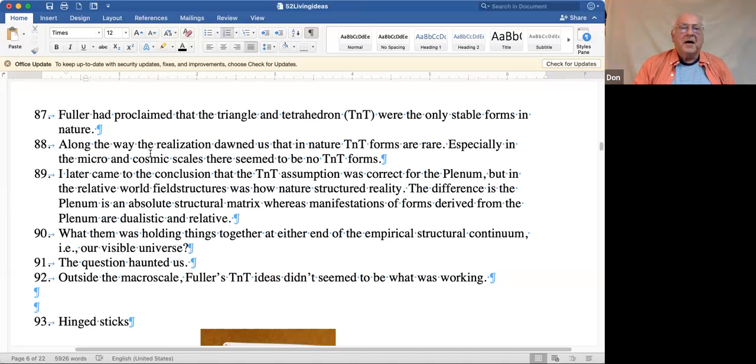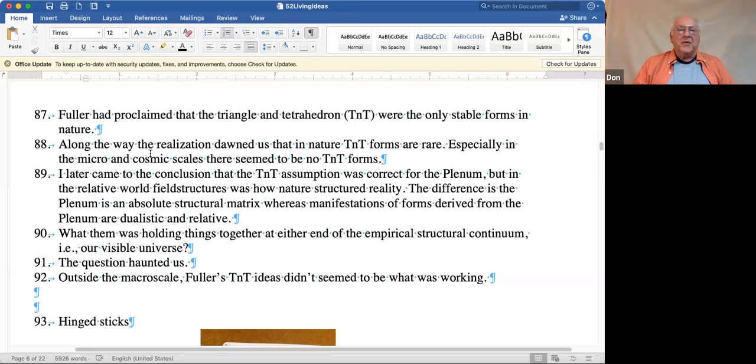I later came to the conclusion that TNT assumptions were correct for the plenum. But in relative world field structures, TNT was how nature structured reality. That's at our scale. The difference is the plenum is an absolute structural matrix, whereas manifestations of form derived from the plenum are dualistic and relative.